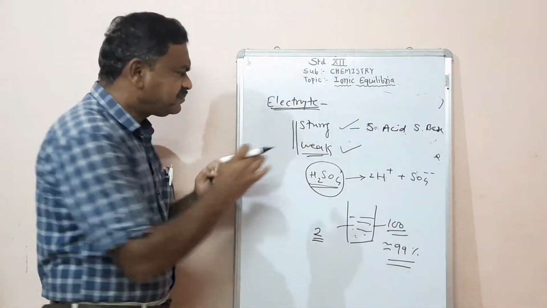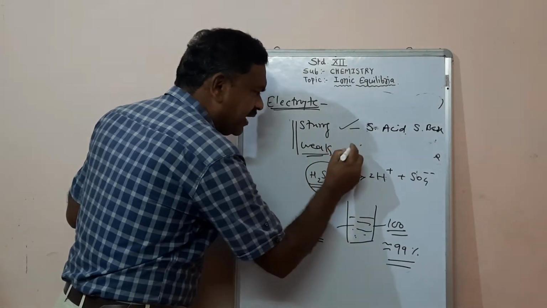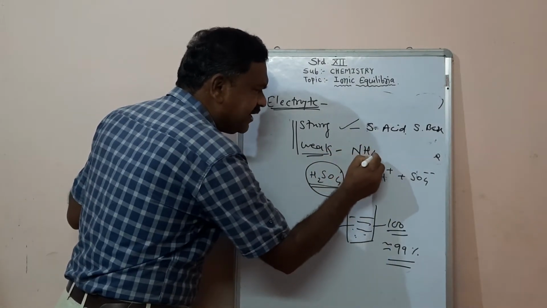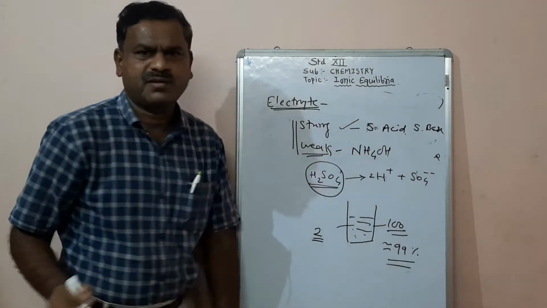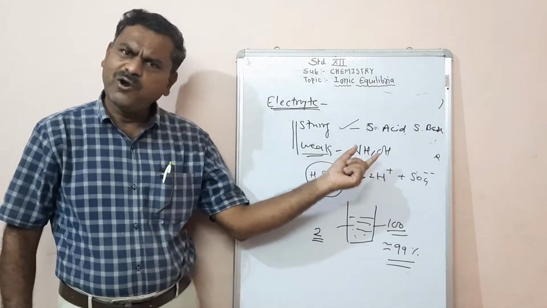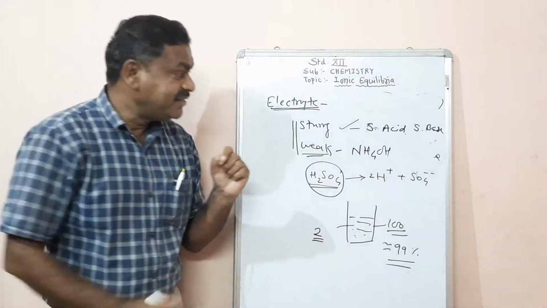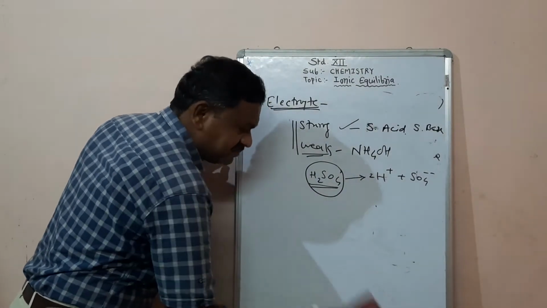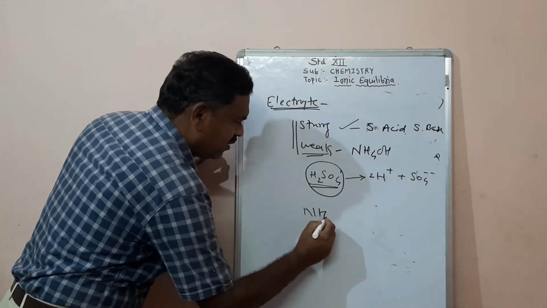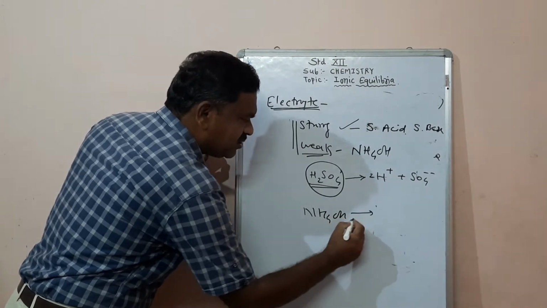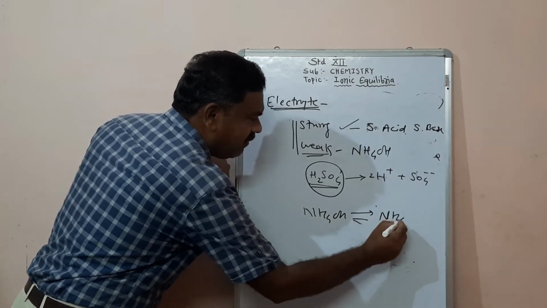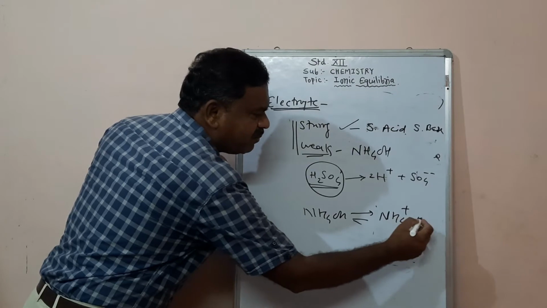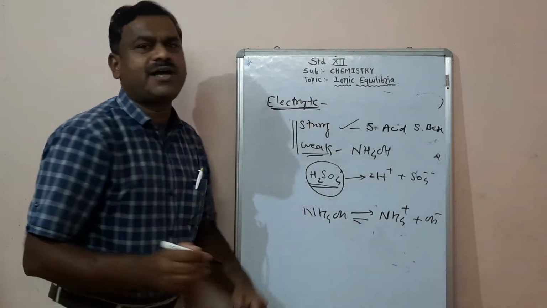For example, ammonium hydroxide, that is a base. Ammonium hydroxide, NH4OH, dissociates to form NH4 plus and OH minus ions.